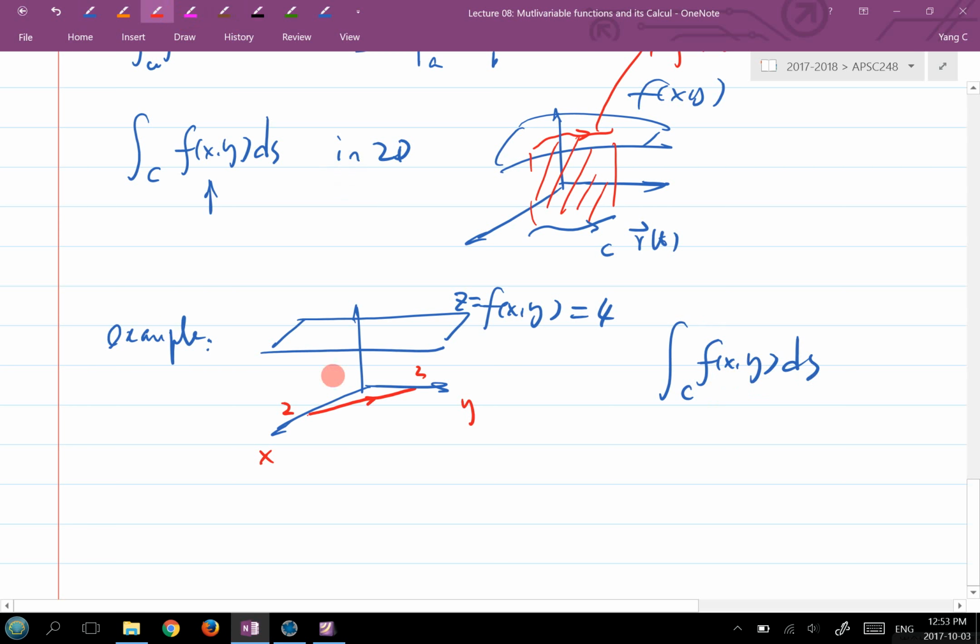If you go from here to here, what do we trace out? We trace out a straight line on that surface, as you are going along that curve C. And then you connect everything. What you see here is a rectangle, isn't it?